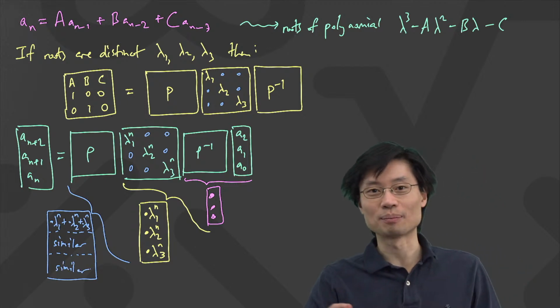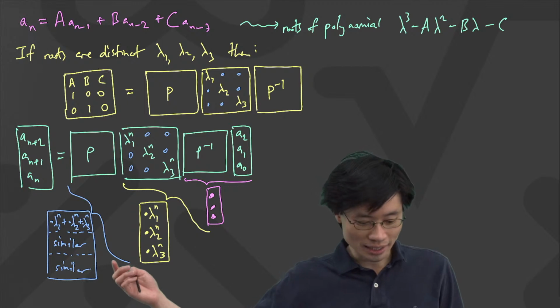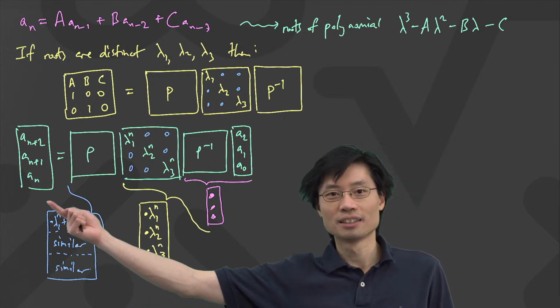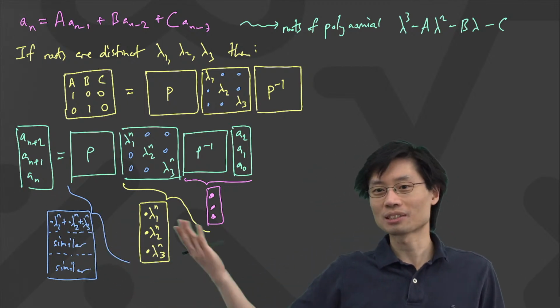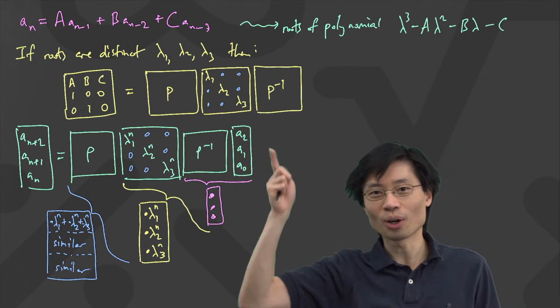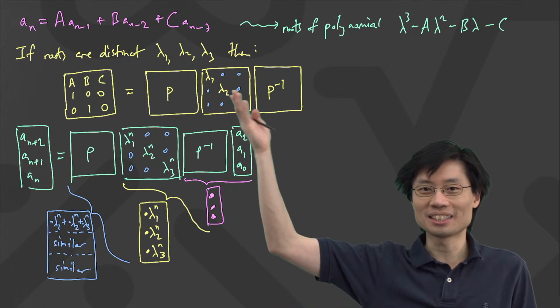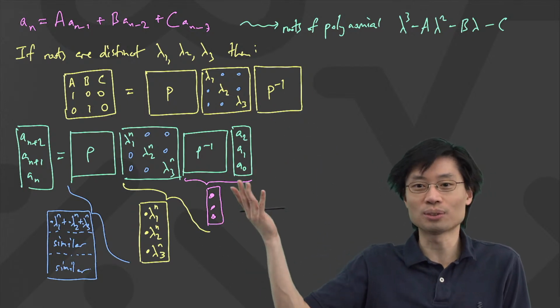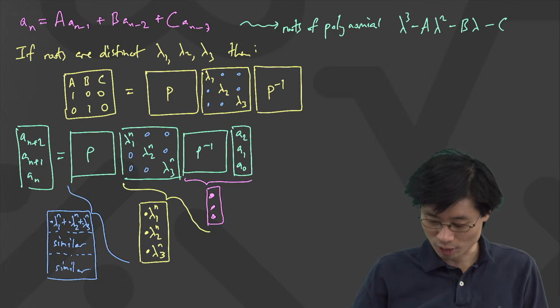But now we're in great shape, because what we have just found out is that I have a formula for an. An is the bottom thing. So the way you solve all these things is you take the roots of the polynomial, and you hope that they're all distinct. If they're all distinct, you're guaranteed there's a nice formula.